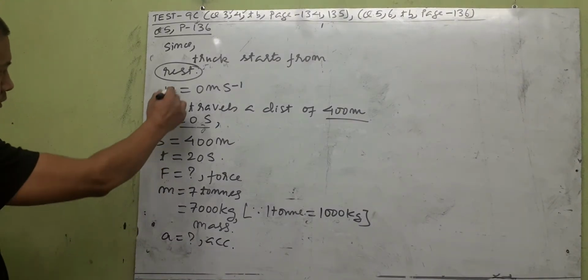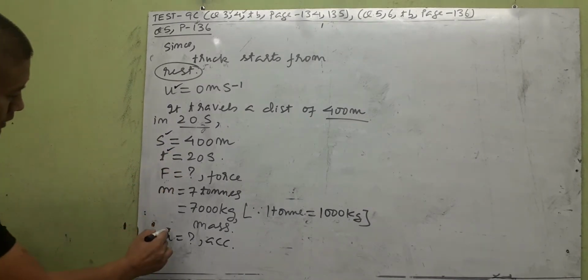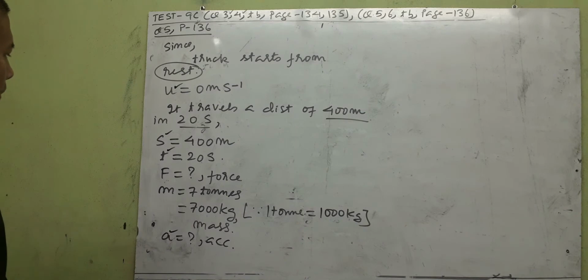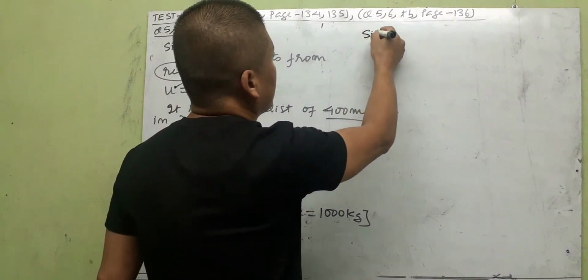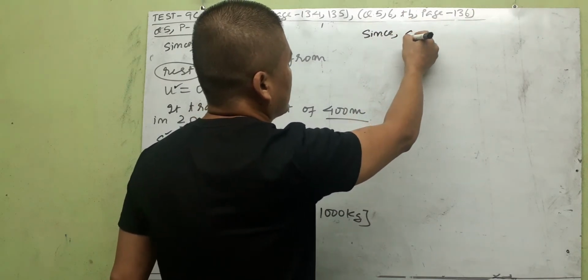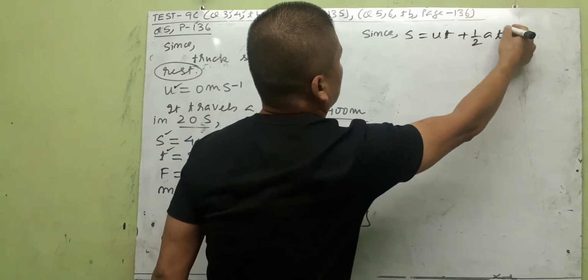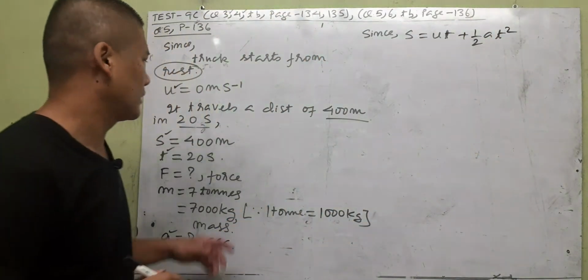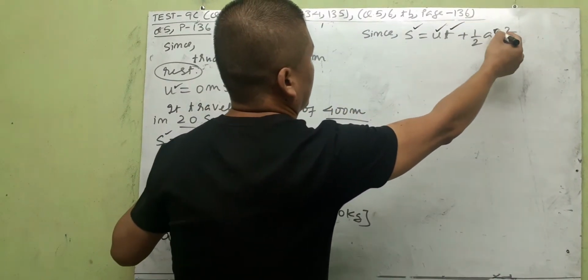Here U, S, T, A are involved. Remember the famous equation of motion in chapter 8: S is equal to UT plus half AT square. I think we can use this because S is there, U is there, T is there.